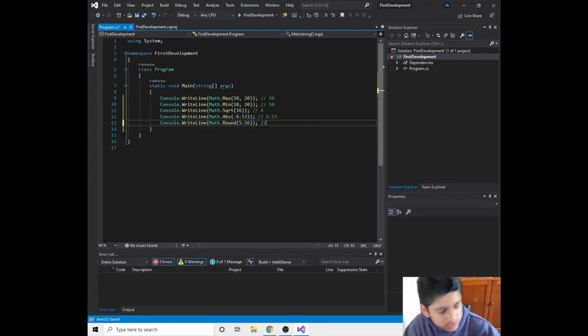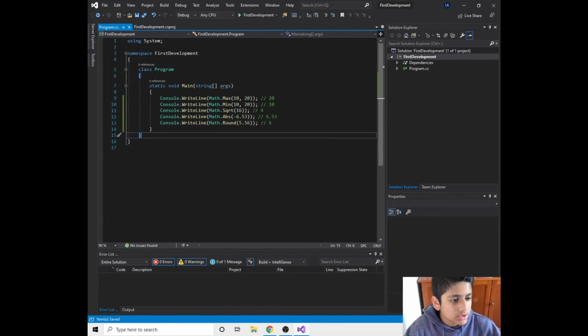So we know this is going to round to 6, I think, because if it's 5 and above, it'll round up. If it's 4 and below, it'll round down. So I think this should be all correct. So the first one is going to be 20, 10, 4, 6.53 and 6. Now let's run the program.